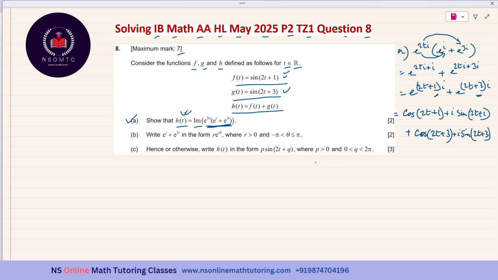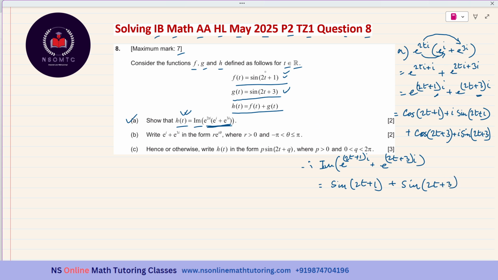So imaginary part of, therefore imaginary part of e to the power of 2t plus 1 I plus e to the power of 2t plus 3 I should be equal to sine 2t plus 1 plus sine 2t plus 3.